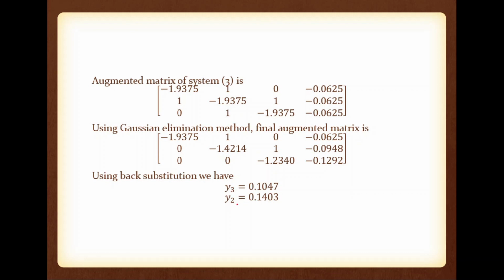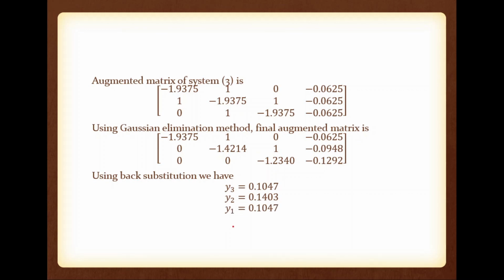Please note, at x equal to 0.5 we have 0.1403. Please go through the previous solution with n equal to 2, and compare the value of y at x equal to 0.5 for n equal to 2 and n equal to 4. Now we have y3 and y2, so using the first equation we can find y1: minus 1.9375 y1 plus y2 equal to minus 0.0625.